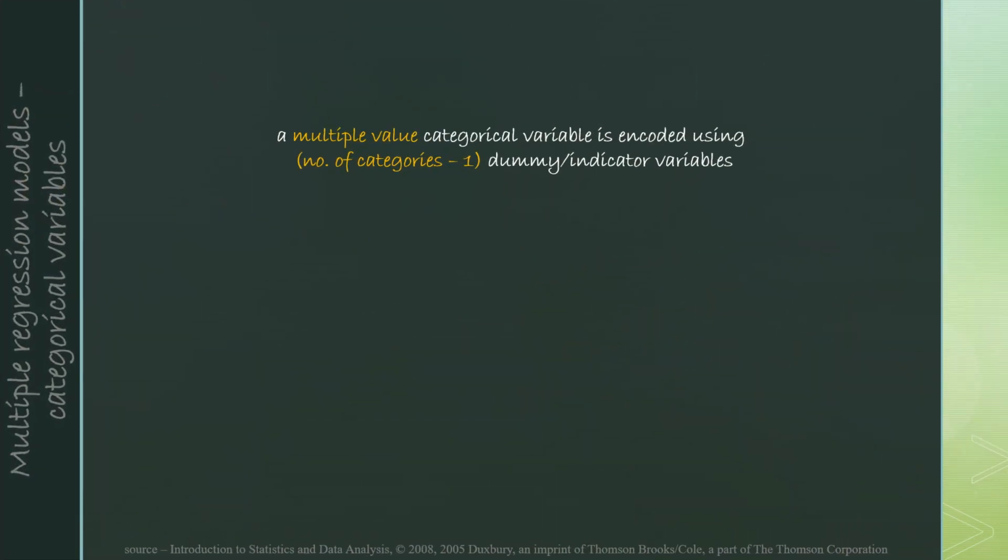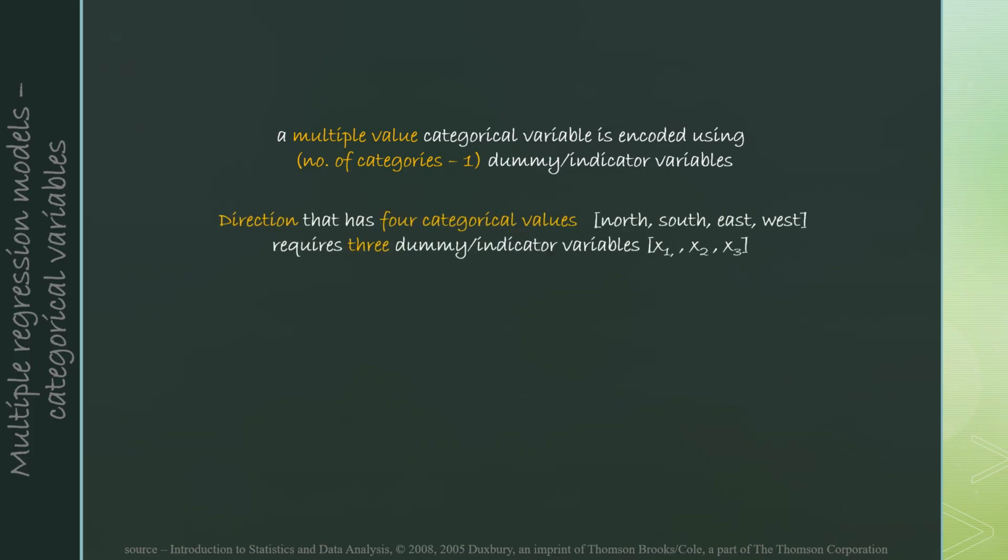Extending this logic, a multiple value categorical variable is encoded using number of categories minus 1 indicator variables. For example, categorical variable direction that has 4 categorical values, as in north, south, east and west, requires 3 indicator variables x1, x2 and x3. x1 equals 1 means north, equals 0 means otherwise. x2 equals 1 means south, equals 0 means otherwise. x3 equals 1 means east, equals 0 means otherwise.